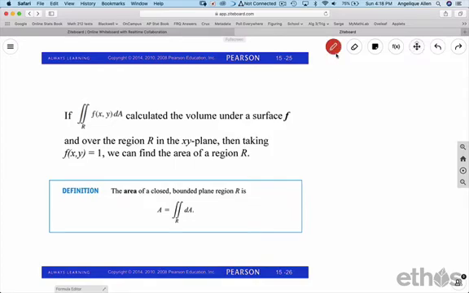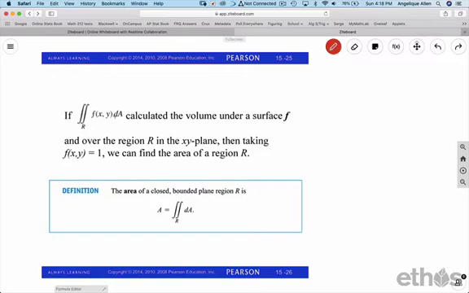All right, so here's the main idea. There's two ideas in this section. Here's the primary one. This double integral formula over here, the double integral over the region R of f of x, y, dA, calculates volume under a surface, f, okay? And it's over a certain region R in the xy plane, a flat region, and that gets partitioned.